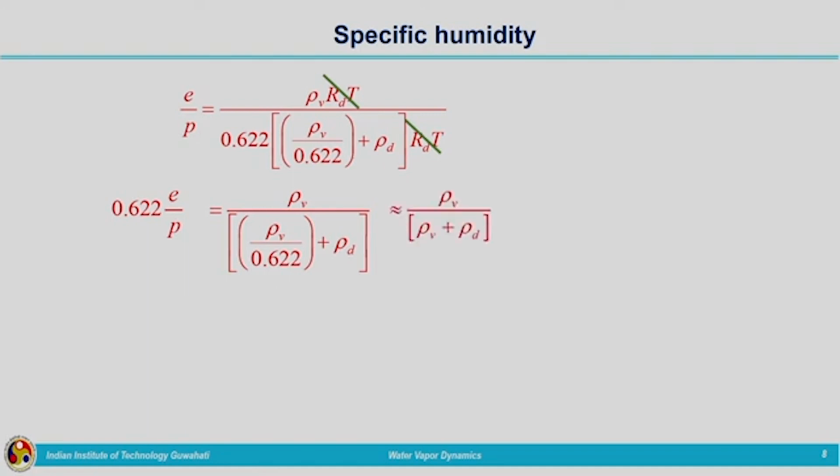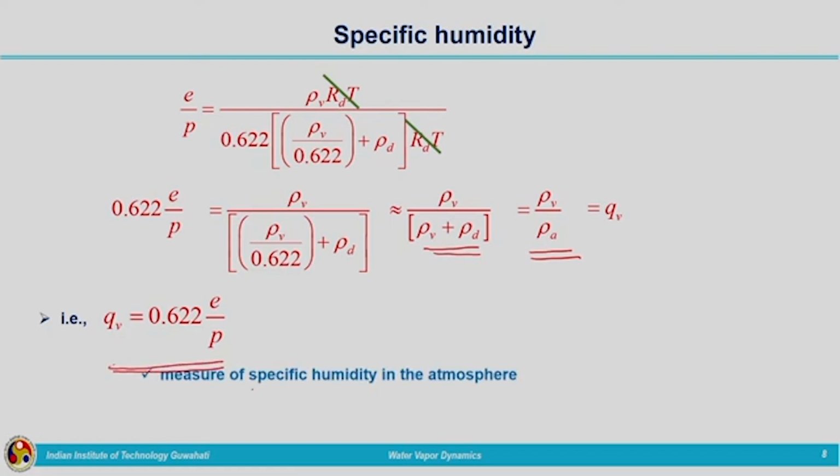This is approximated as rho V divided by rho V plus rho D. What is this rho V plus rho D? That is the density of water vapor plus the density of dry air, nothing but the density of moist air. That can be written as rho V divided by rho A, which is our specific humidity. So specific humidity Qv can be written as 0.622 E by P.